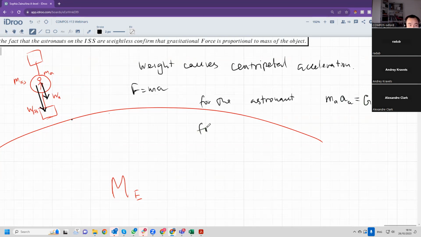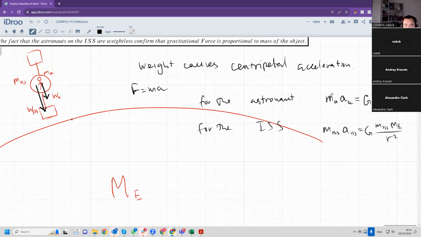And for the ISS, the International Space Station, the mass of the ISS times the acceleration of the ISS is equal to G times the mass of the ISS times the mass of the Earth, divided by r squared.